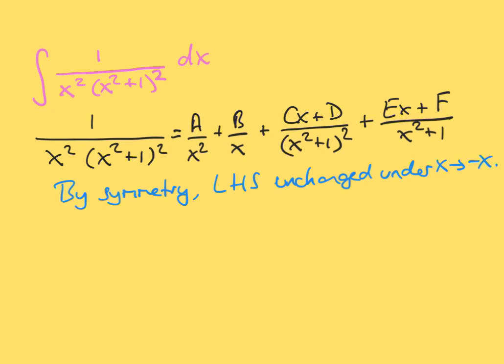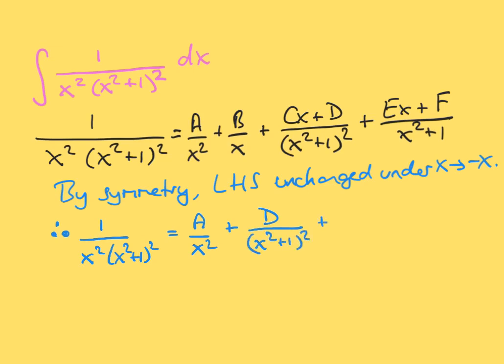So we see, therefore, that 1 over x squared times x squared plus 1 all squared has a partial fraction decomposition of a over x squared plus d over x squared plus 1 all squared plus f over x squared plus 1.